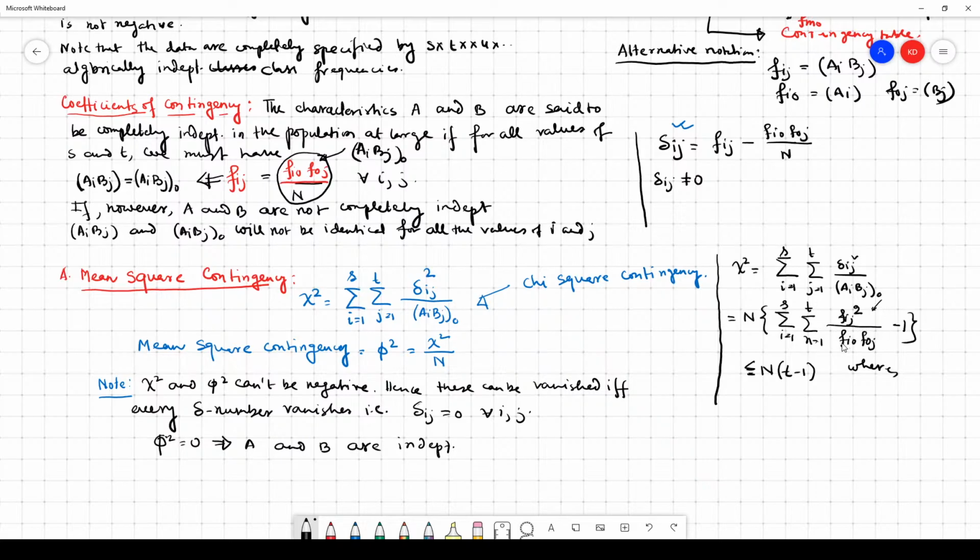Okay, and fij equal to fi naught f naught j when it is independent.